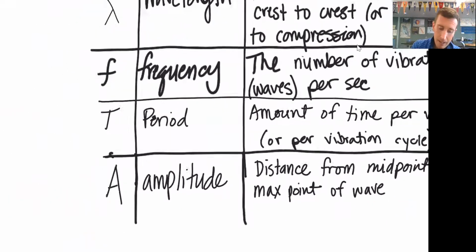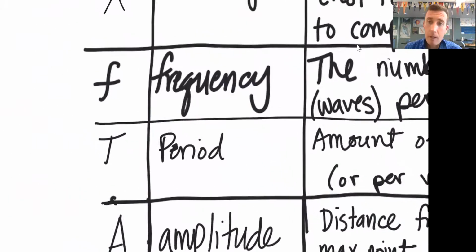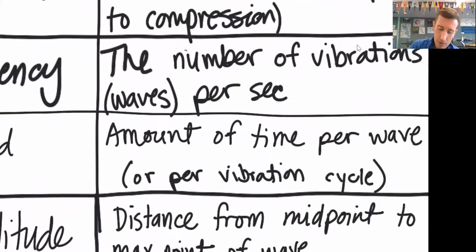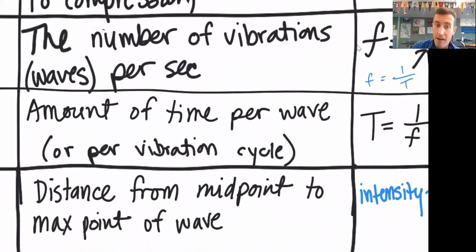Next, we go to period. Period, we're going to use T, capital T, because period is a unit of time. The period is the amount of time per wave, or the time per vibration cycle. For every back and forth vibration, that would be 1 period.